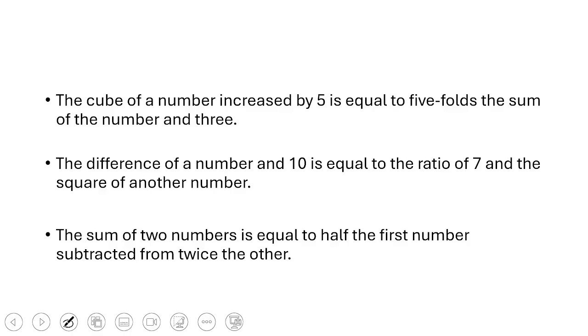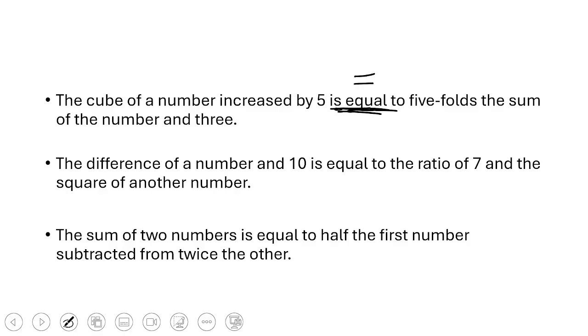For example, we have the cube of a number increased by 5 is equal to 5 folds the sum of the number and 3. The part here, is equal to, is where we will write the equal sign. Everything that comes before that will be the left-hand side of the equation, and everything that comes after that is the right-hand side of the equation.